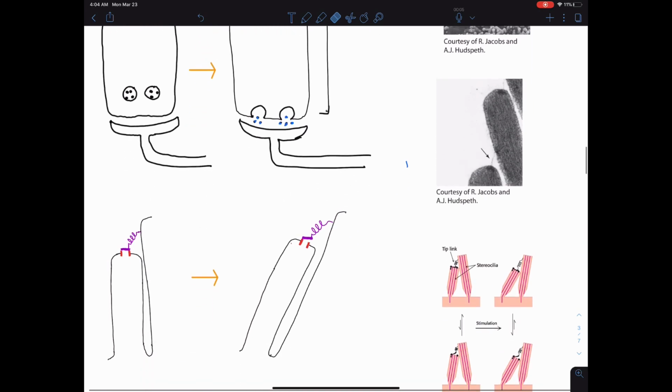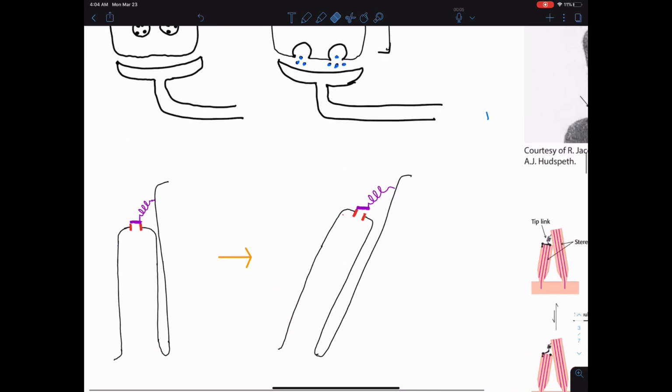Taking a closer look at the tip links, these two pictures correspond to each other. When you have the stereocilia standing straight up, there's not a lot of tension in this coil-like structure, which is the tip link.